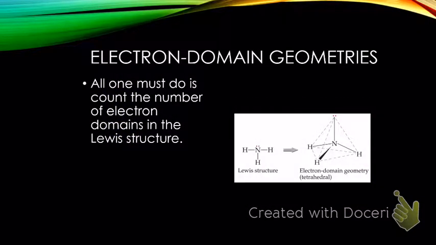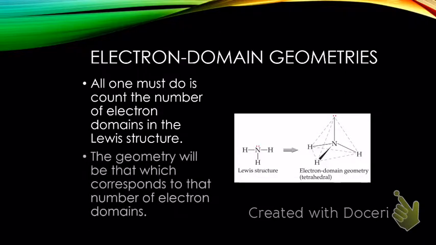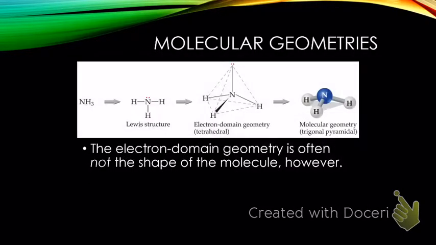Okay, so for the electron domain geometries, you draw the Lewis structure, and you can see here that it's tetrahedral for electron domain geometry. However, that is not the case. Okay, this geometry corresponds to the number of electron domains, but it's not necessarily the case for the molecular geometry.